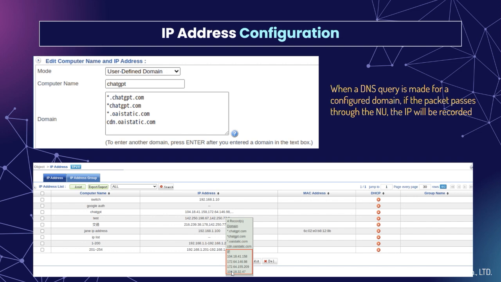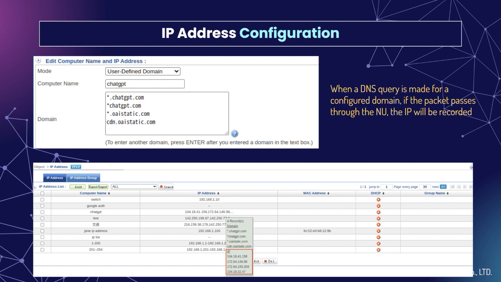Typically, we set up a domain in scenarios where, for example, I want to block users from accessing ChatGPT. However, since it has many IP addresses, it's impractical to add them one by one.